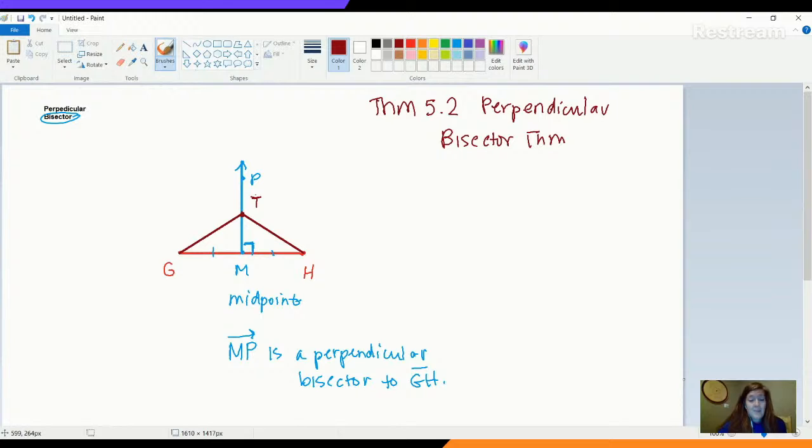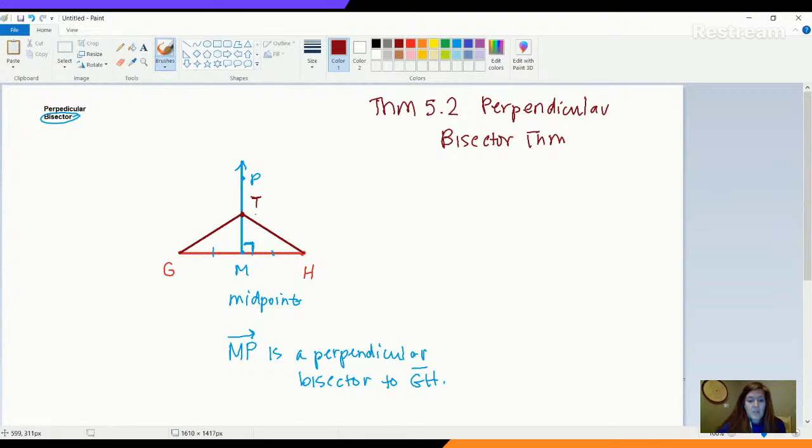And that's true. That's what our theorem tells us about the perpendicular bisector theorem. So it tells us that since T is on the perpendicular bisector, GT and HT are equidistant from point T. So we don't actually use the word congruent when it comes to perpendicular bisector.